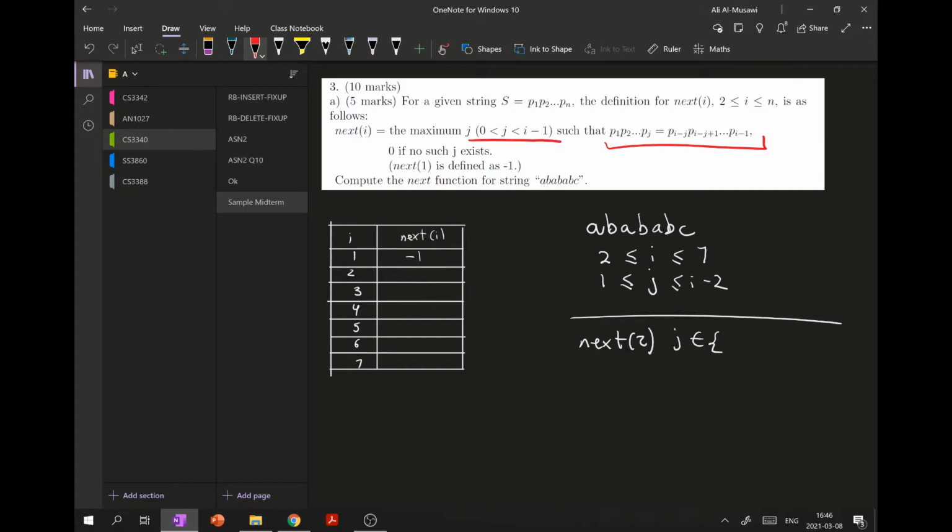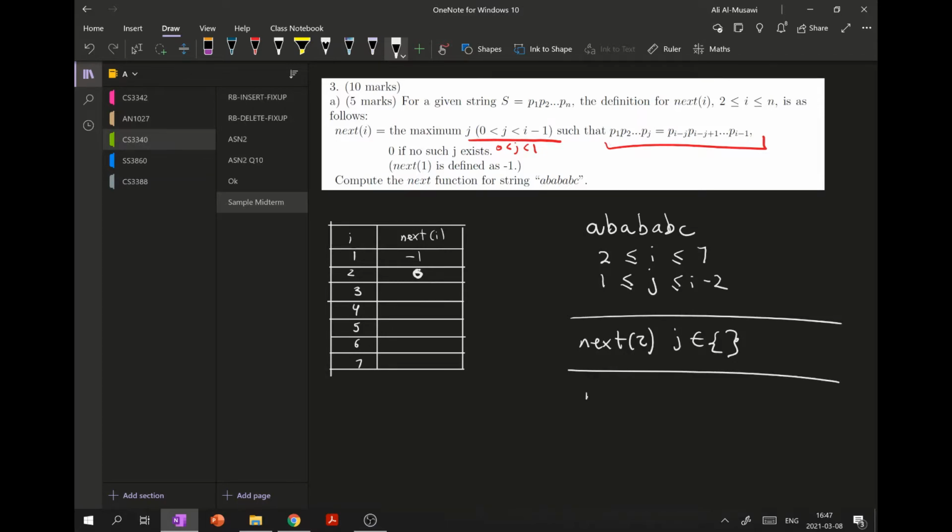When i is equal to 2, you have 2 minus 2, so you have 0, so 1 ≤ j ≤ 0. There is no number in that range, so j is empty. There's nothing to return, so we just return 0 in this answer. There's just nothing we can do.